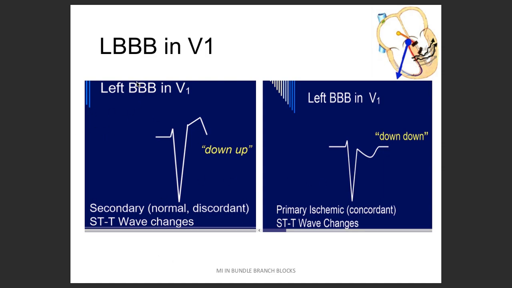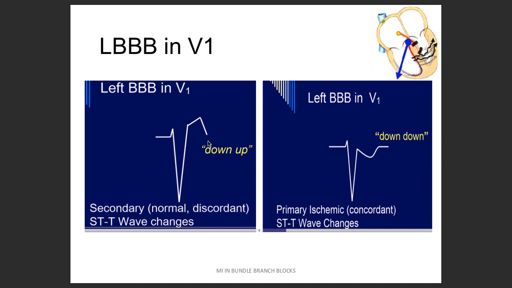So, for example, for the left bundle branch block in V1, we all remember the criteria which we shared. In V1, there will be a negative deflection with wide QRS, which will be more diagnostic. Then you start seeing what are called secondary ST segment changes.